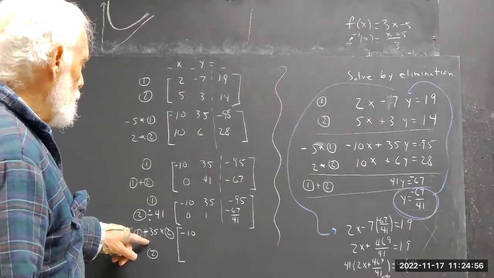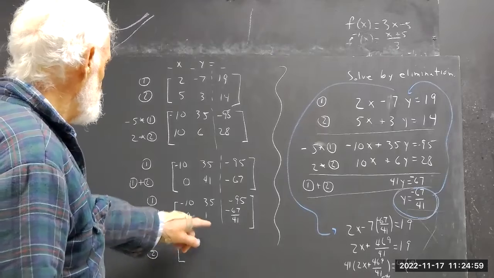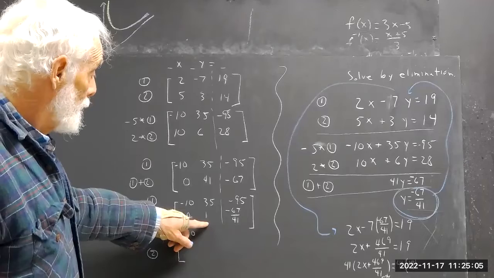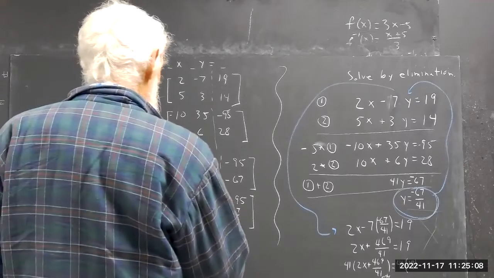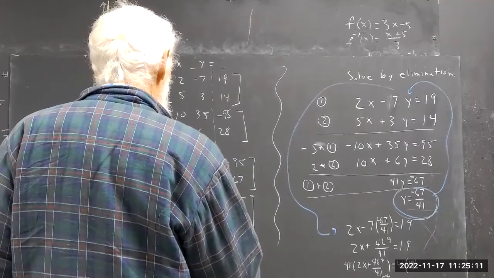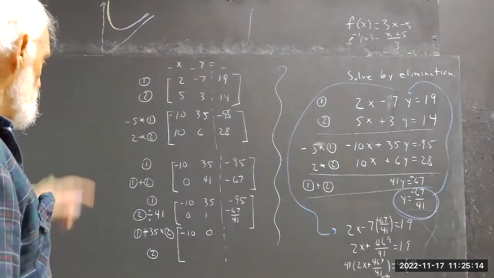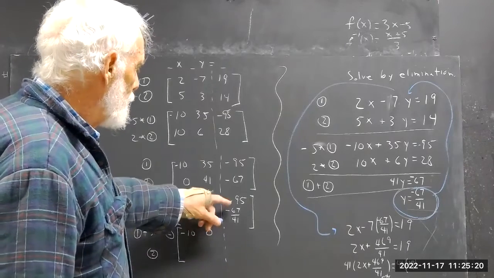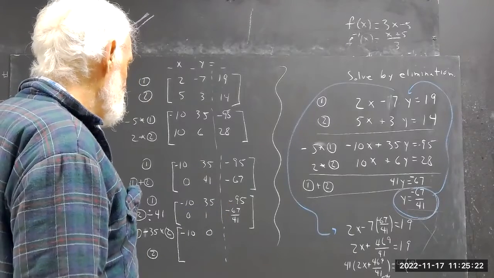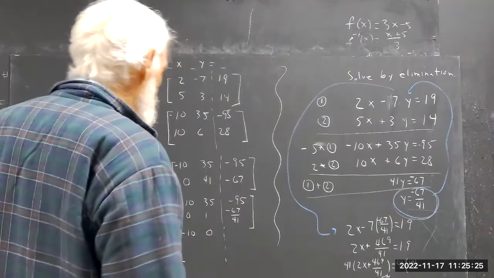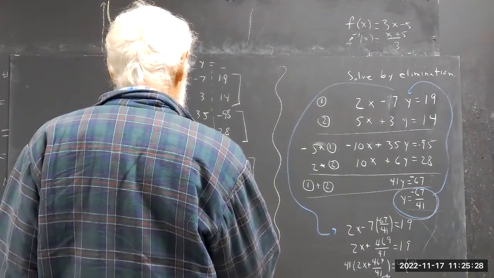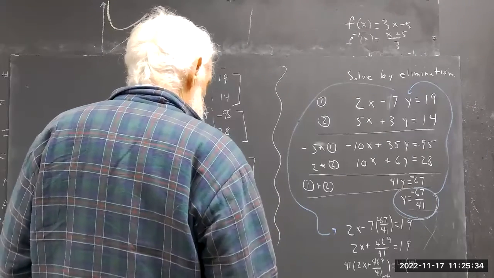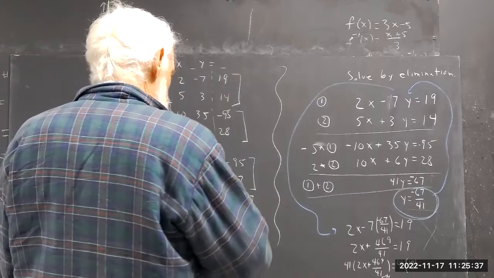Now, negative 35 times row 2 is going to give me a negative 35 here. And that's going to be added to the 35 to give me 0. Then I'm going to do negative 35 times negative 67 over 41 and add that to negative 95. I'll get negative 95. Write that just a little lower.